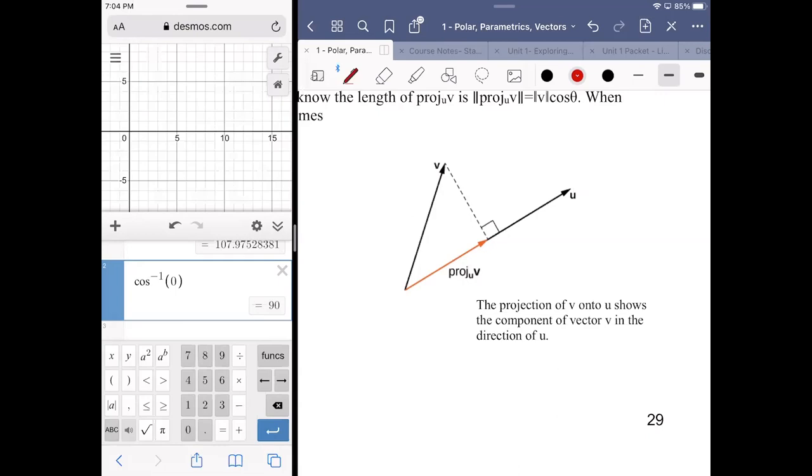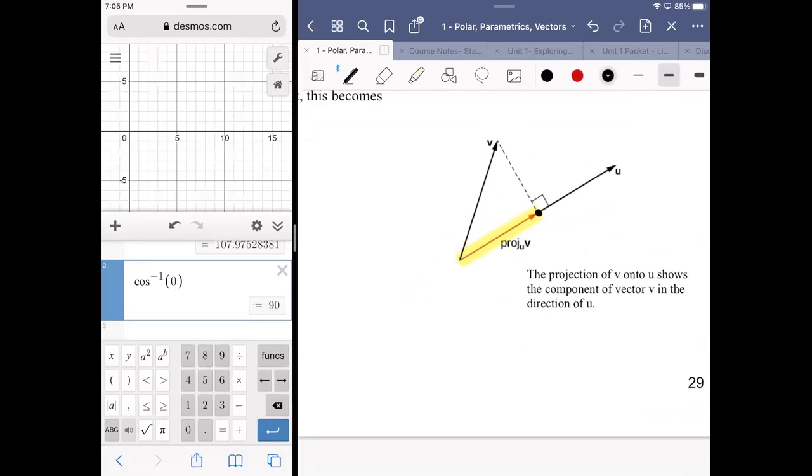And whatever line segment starts at the intersection point and meets the base of the triangle at that right angle, that line segment will be, by definition, the vector projection of v upon u. I'll show you another quick one, and we'll get into the algebra in a second.